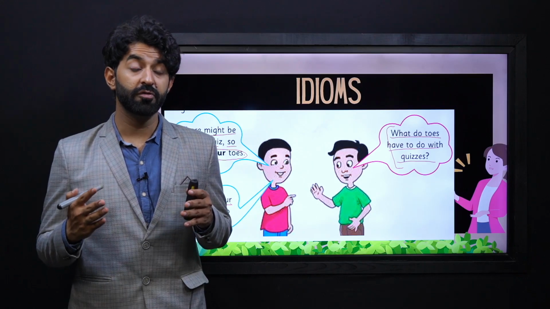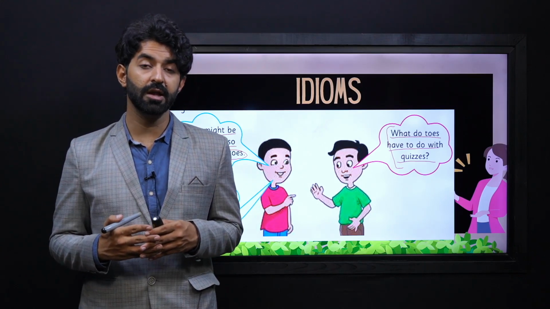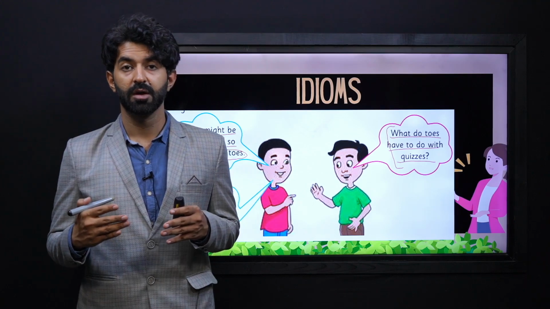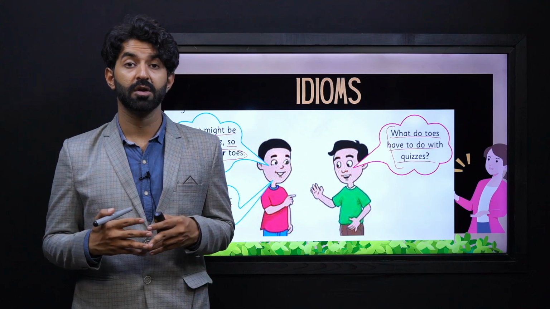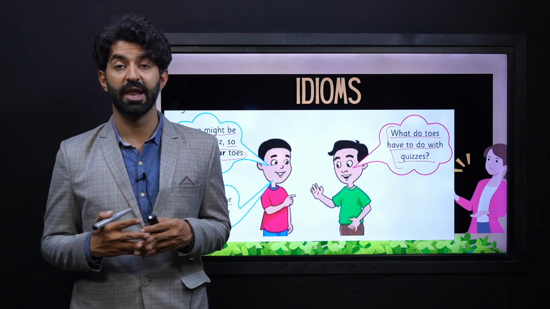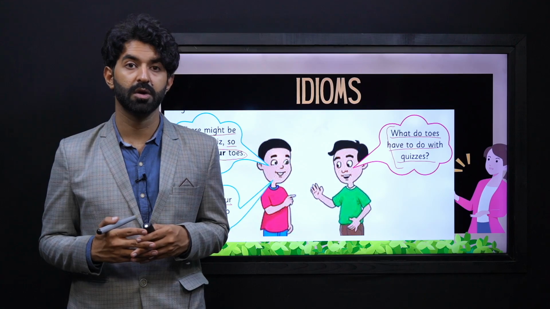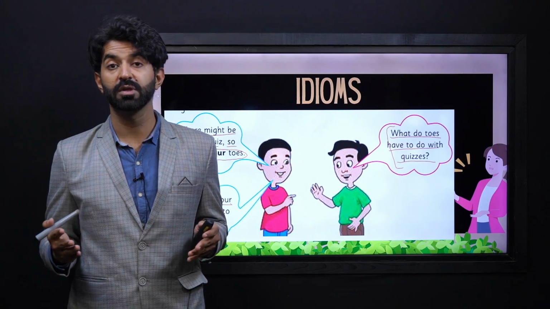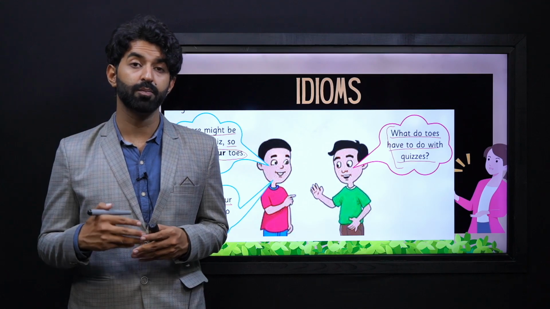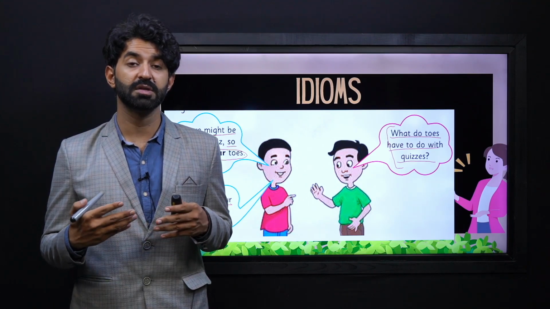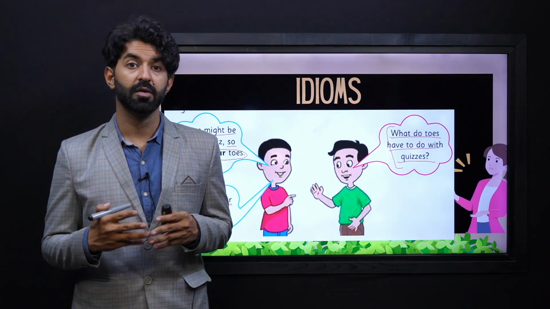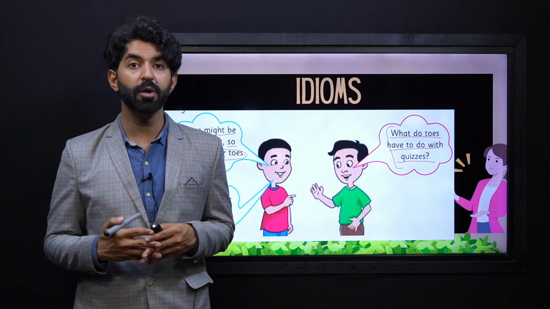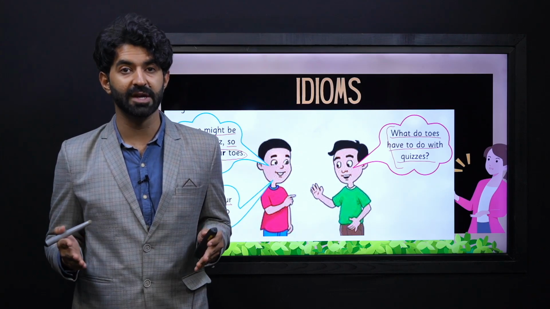So if we use idioms in our daily life, we will be considered very well educated and having great knowledge about the language and also about how things actually work. And people will remember our sayings, our speeches more than ever than if we talk in normal sentences.